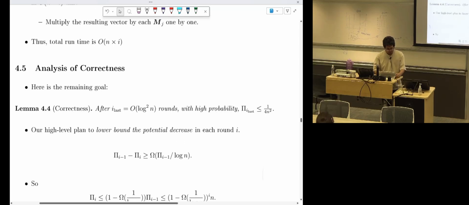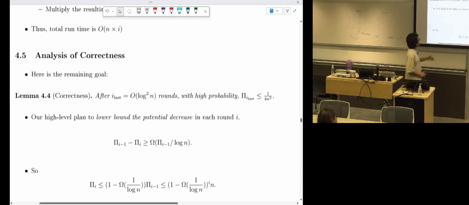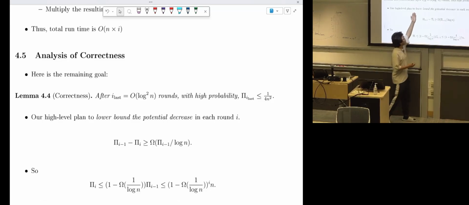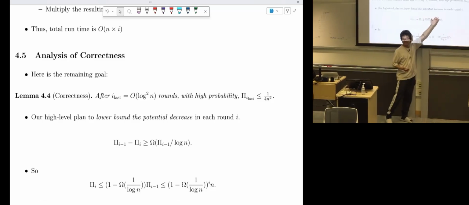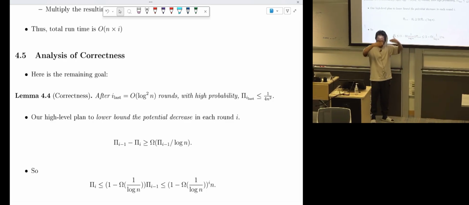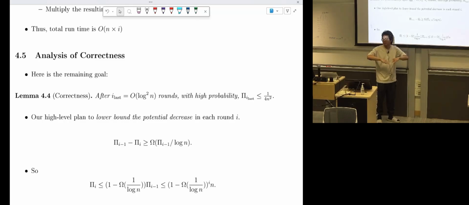And our plan is going to be this. The high-level plan is to lower bound the potential decrease. What I mean is that for every step, every round, the potential function decreases by a lot. So the potential decrease is the potential from the previous round minus the potential on the next round, which is lower.